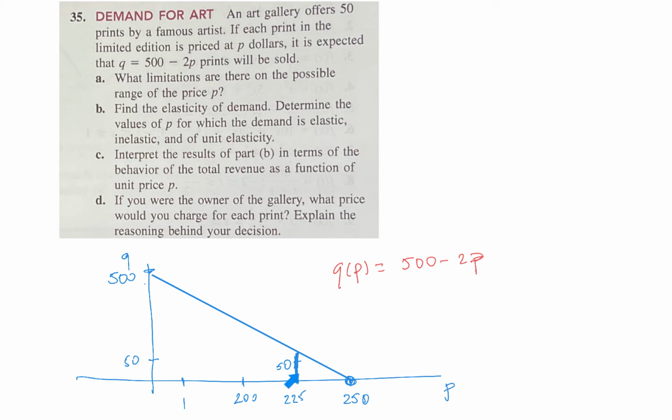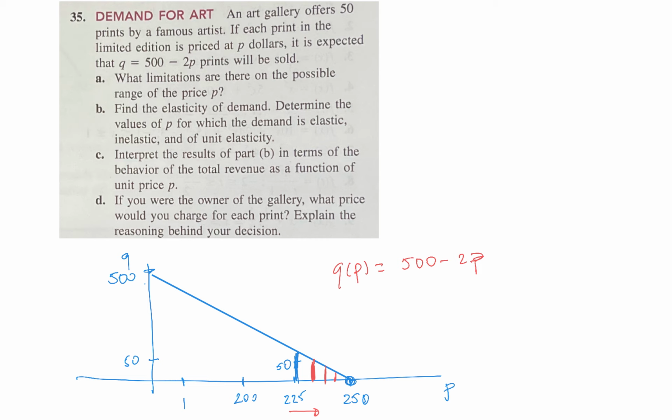So the amount that they can offer is 50 prints. They may offer 30 prints, 20 prints, 5 prints, and the price goes like this. As they offer a smaller amount, a bigger price; as they offer at a bigger price, the amount is smaller.